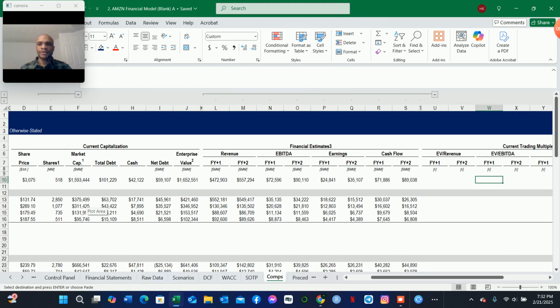So let us begin here with the EV to revenue. It's going to be equal to the enterprise value we calculated here, and then we divide that by the revenue for the fiscal year plus 1, 3.5 times.